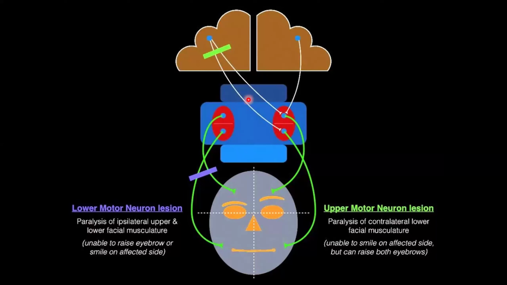Meanwhile, those branches that come to this lower portion are unilateral. So what happens is that when I have an upper motor neuron lesion, i.e., I'm affecting one of those, I'm cutting off all the supply to the portion that is going to the lower face, right? It's only one supply here. So this is gone, where my pointer is.